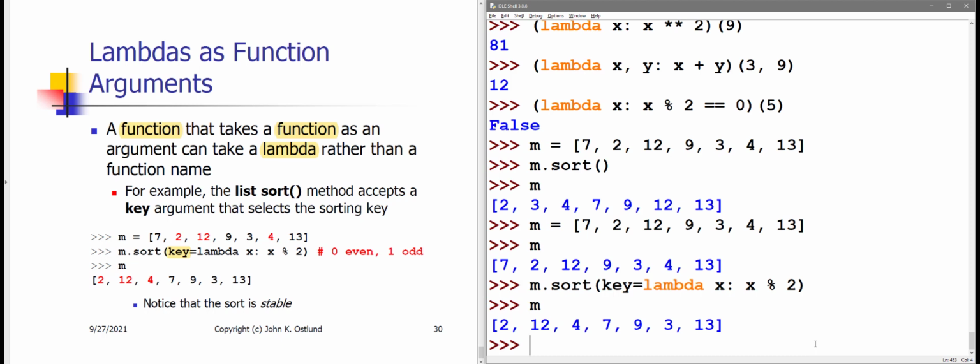Okay? And so if we were expecting ascending order by value, this looks incorrect. But in fact, what we're expecting is for the even numbers to sort ahead of the odd numbers.